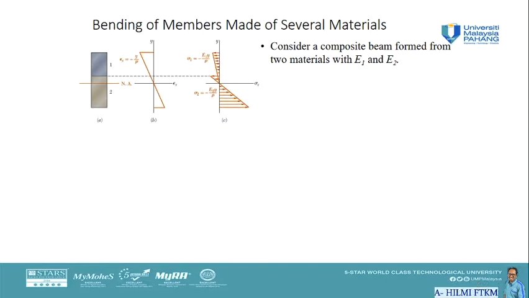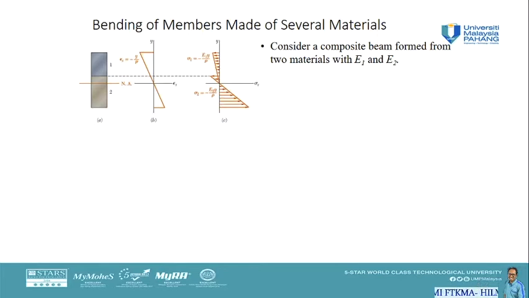It's all one part with one same material, and the cross section of the beam has one given modulus of elasticity E. But if the member is made of two or more materials, of course it will have different moduli of elasticity E. We are going to call this a composite member.